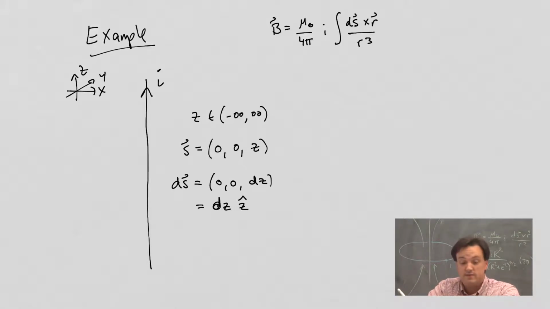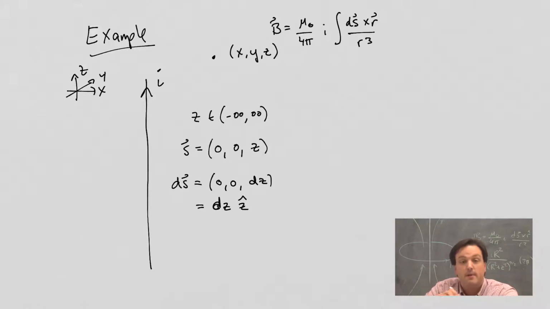The last thing that I have to define is r. Now, if I have some point over here, which is going to be my point of interest located at x, y, z, I have to be careful because I've already used up z in defining my current distribution. I wanted to know what my path looked like.